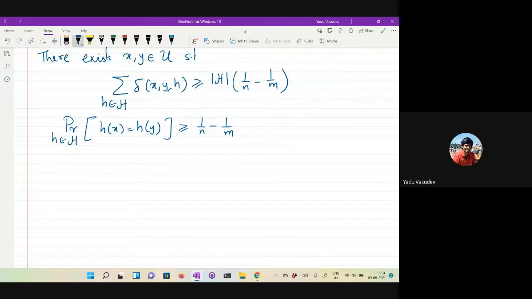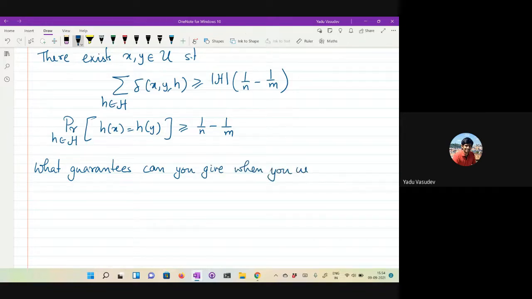So you want to see what guarantees you can give when you use a two universal hash family instead of truly random functions.